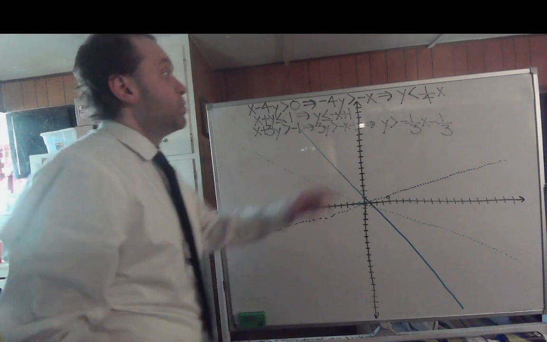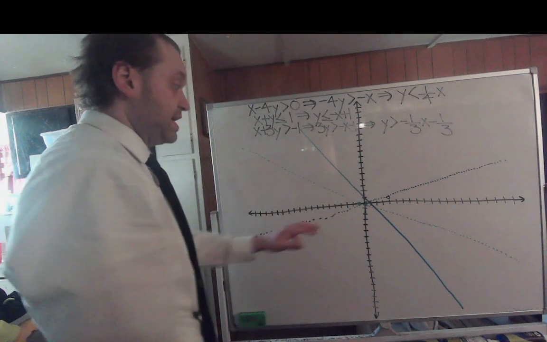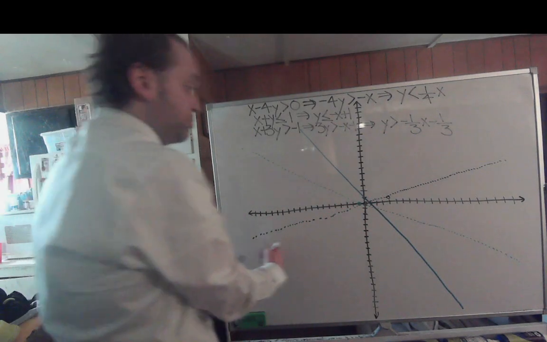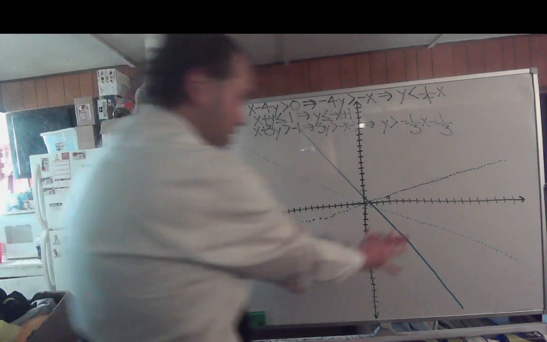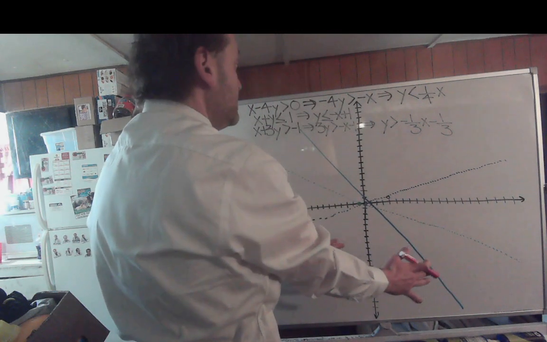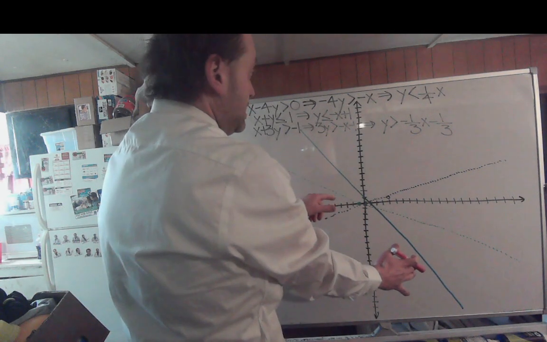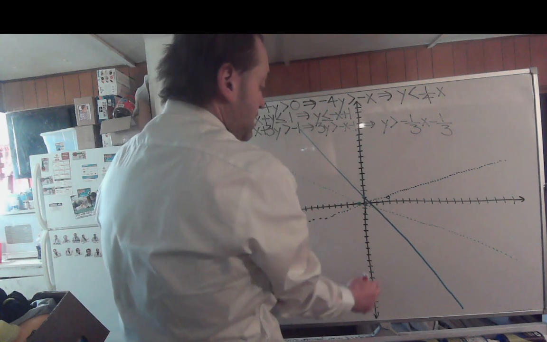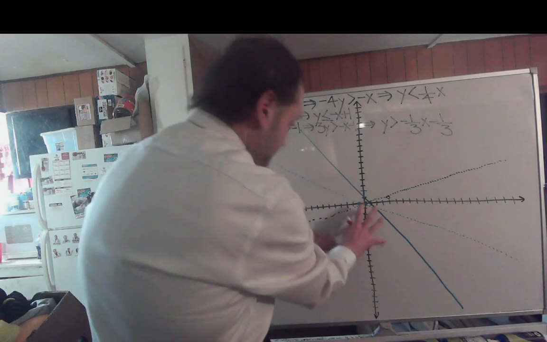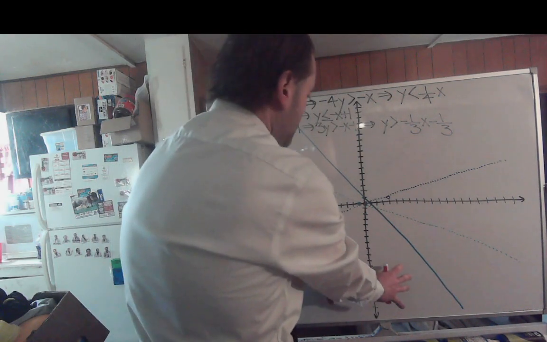So start with y is less than 1/4 x. That'll be below the purple dotted line, so you're somewhere down in here. And then you have y is less than or equal to negative x plus 1. That'll be below the blue line, so now you're somewhere in this vicinity.